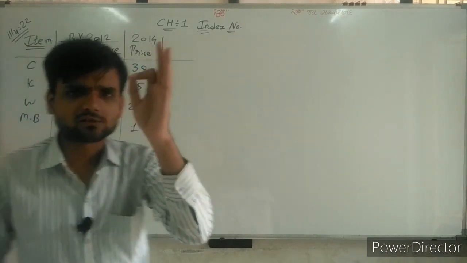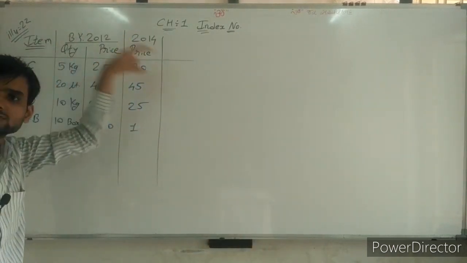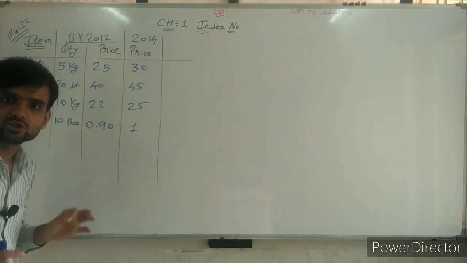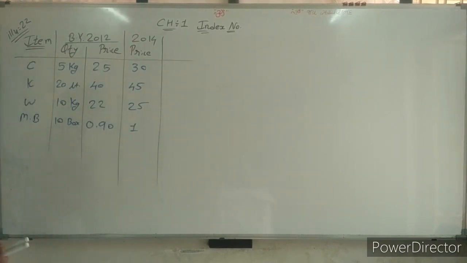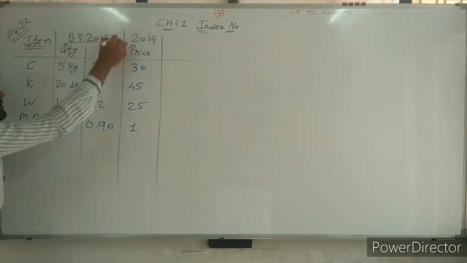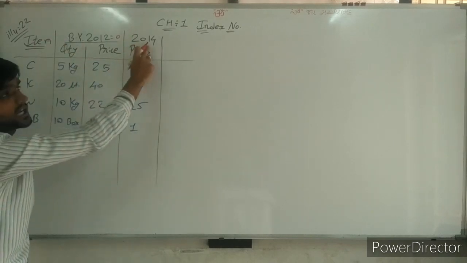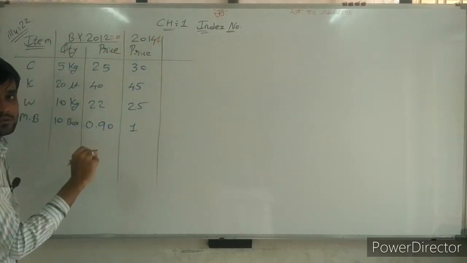Now what is Kamal sir's first step? Always write down in short. So first of all, base year means 0. Current year means 1.